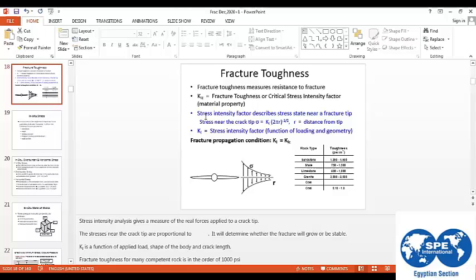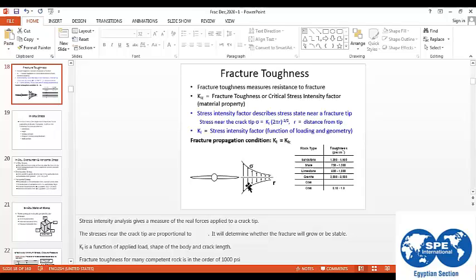This resistance force increases with the distance from the fracture tip, because the resistance exists in this zone. All of this distance is already fracked, so there is no resistance applied in this area. All the resistance is applied here.